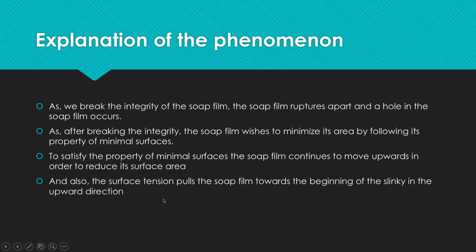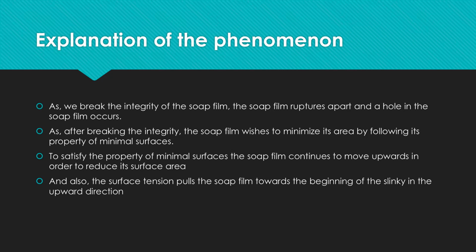This slide contains the explanation of the phenomenon in a nutshell. As we break the integrity of the soap film, it ruptures apart and a hole in the soap film occurs. After breaking, the soap film wishes to minimize its area by following the property of minimal surfaces which we saw in the previous slide.